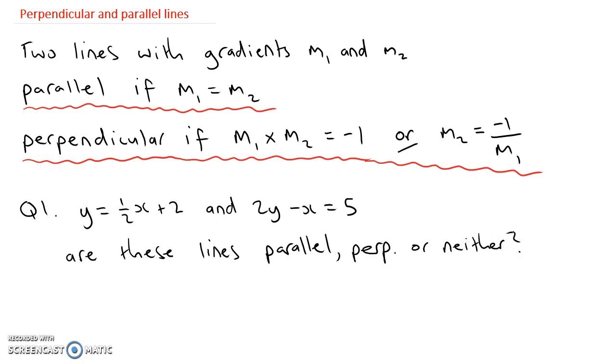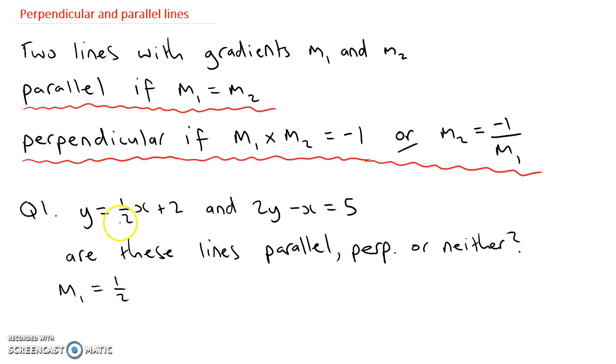So what we're going to do is we'll look at this first line to begin with. Whenever we're dealing with questions that are asking if lines are parallel or perpendicular, what we're concerned with is the gradient, as we can see from both of these rules here. So the gradient of the first line we'll call m1. m1 equals a half.